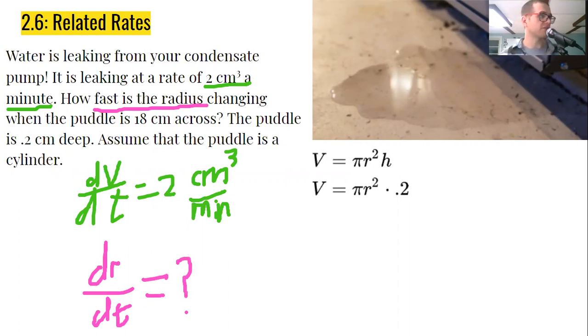There's one other piece of information that's going to help us out in this. Let's point that out with orange. This right here. Now, what is the radius when the puddle is 18 centimeters across? Is it 18?